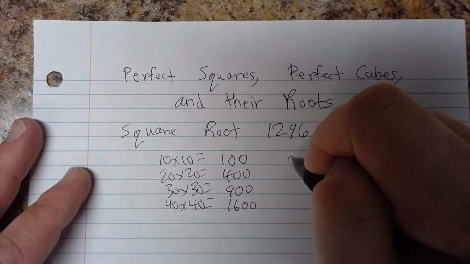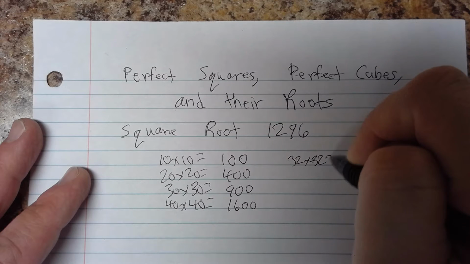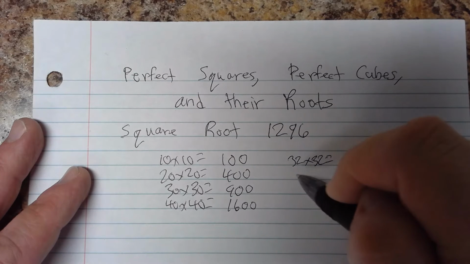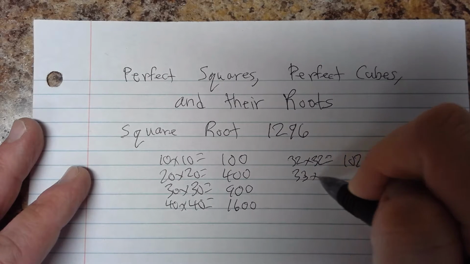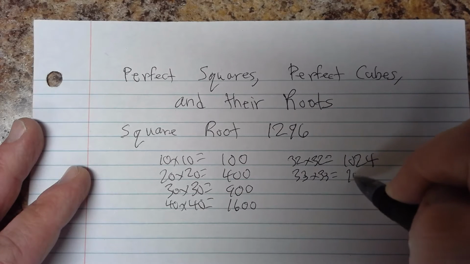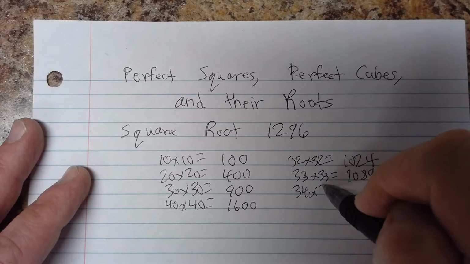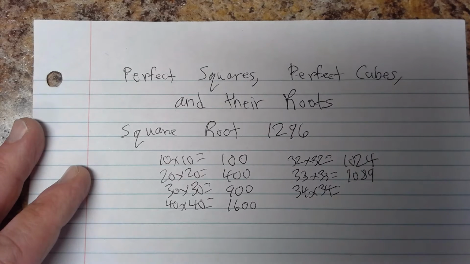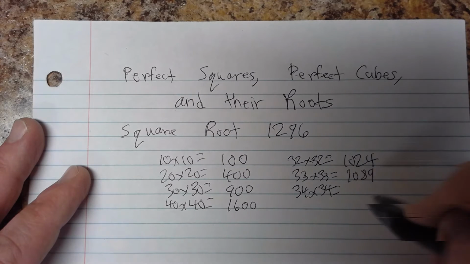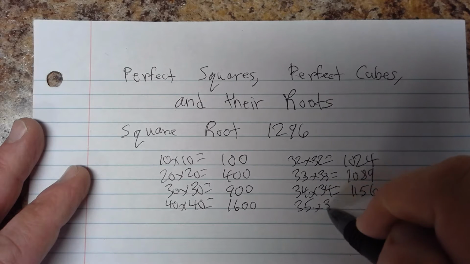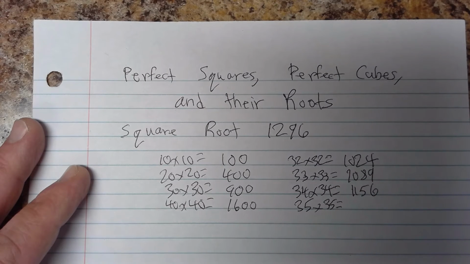So 32 times 32 is 1,024. 33 times 33 is 1,089. 34 times 34, 1,156. Now I'm getting close. It might just be the next one. 35 times 35, 1,225.